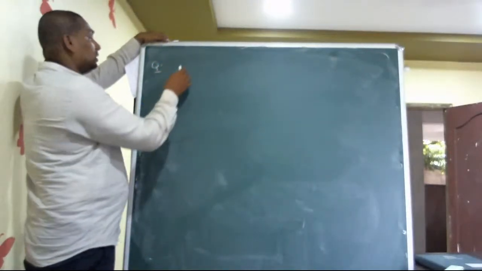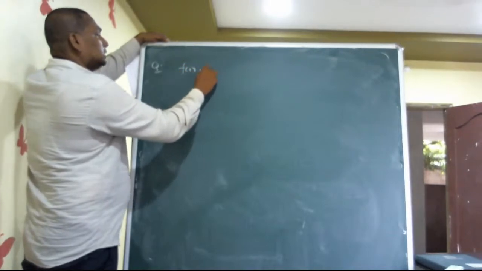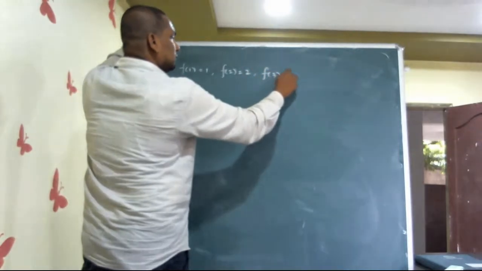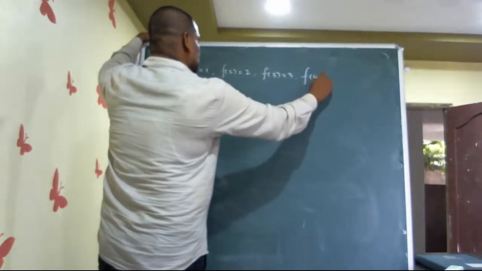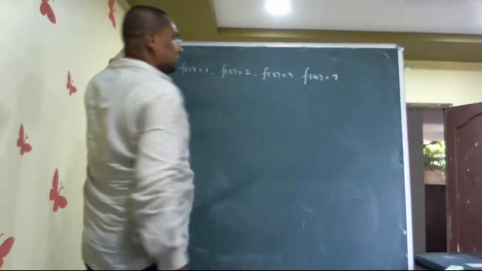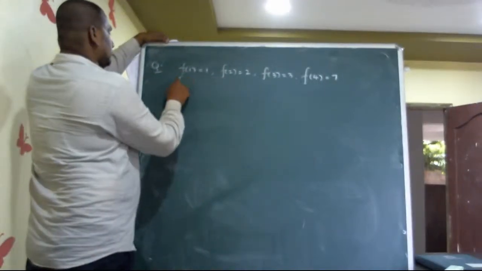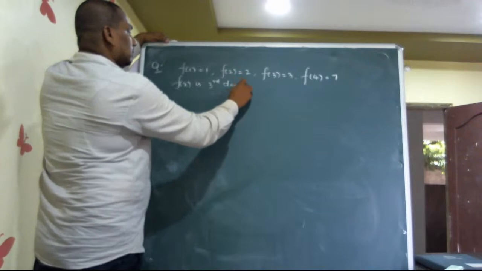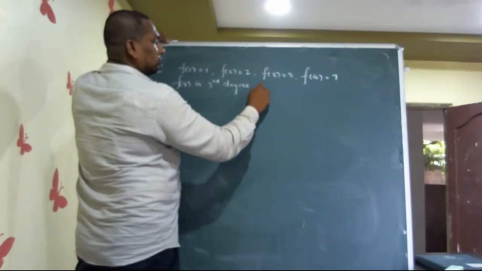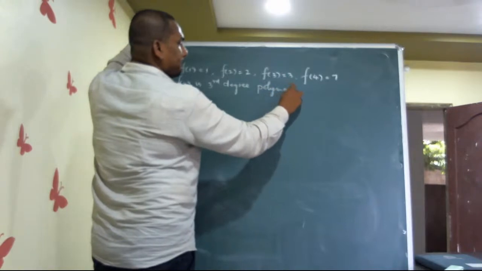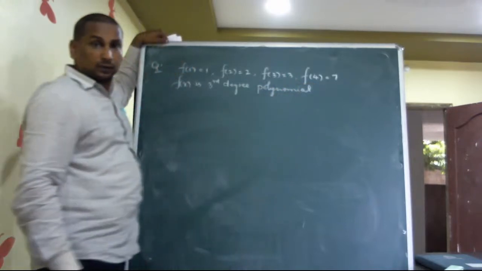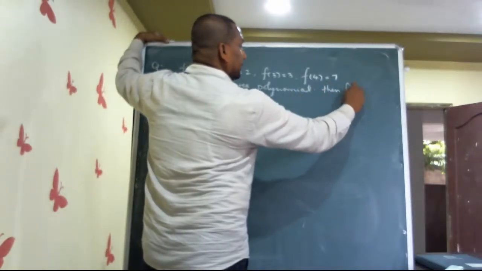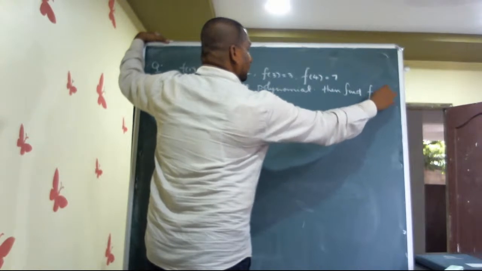One more Olympiad question. f(1) = 1, f(2) = 2, f(3) = 3, f(4) = 7, f(x) is a third degree polynomial, and find f(5).